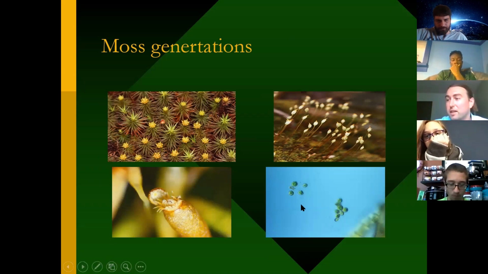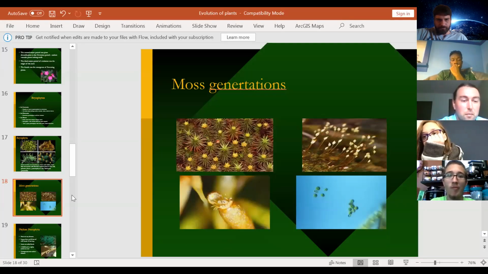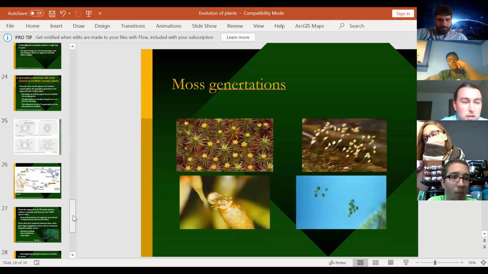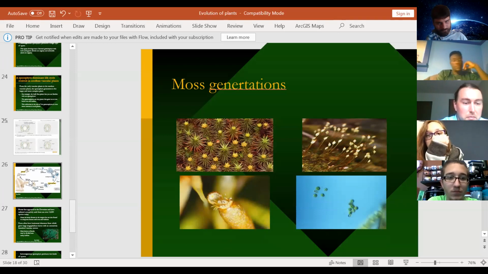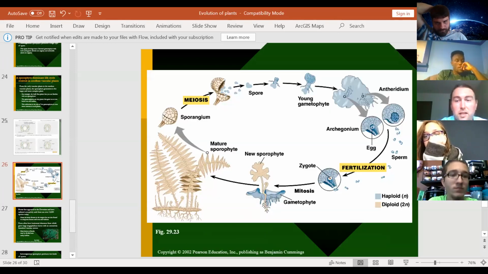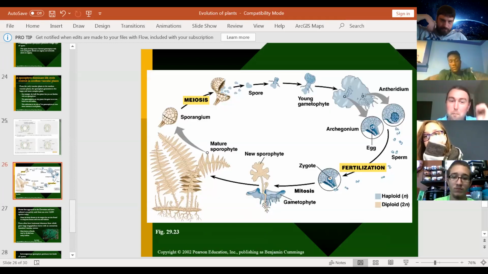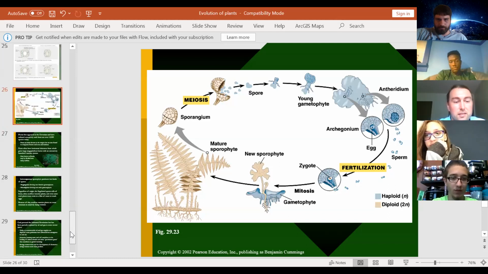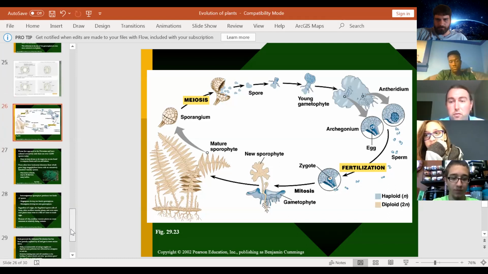Actually, just in the interest of time and because this PowerPoint is pretty thick, I want to show you this, because I think it is the best way to understand how mosses have been able to reproduce, and this will guide nicely into the drawing I'm going to do for you in a second.